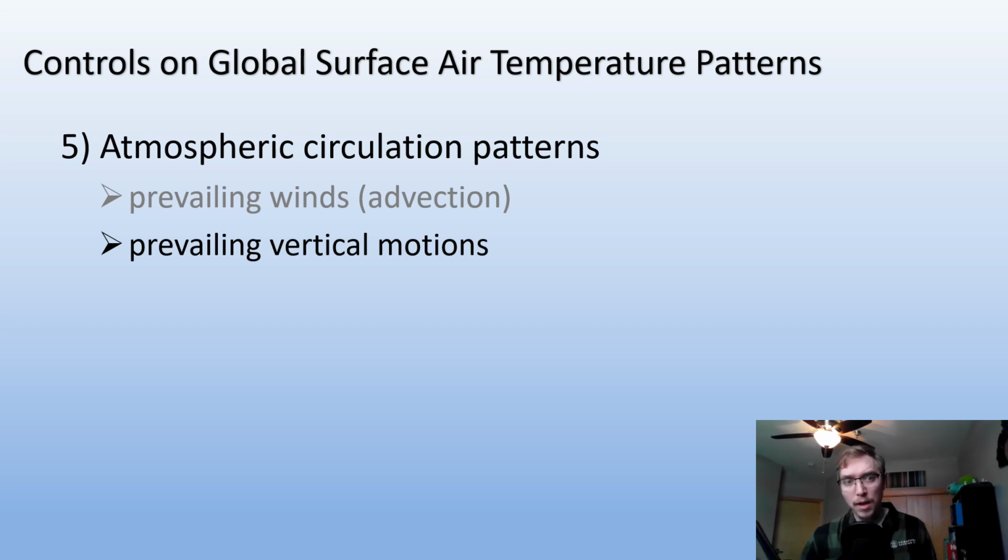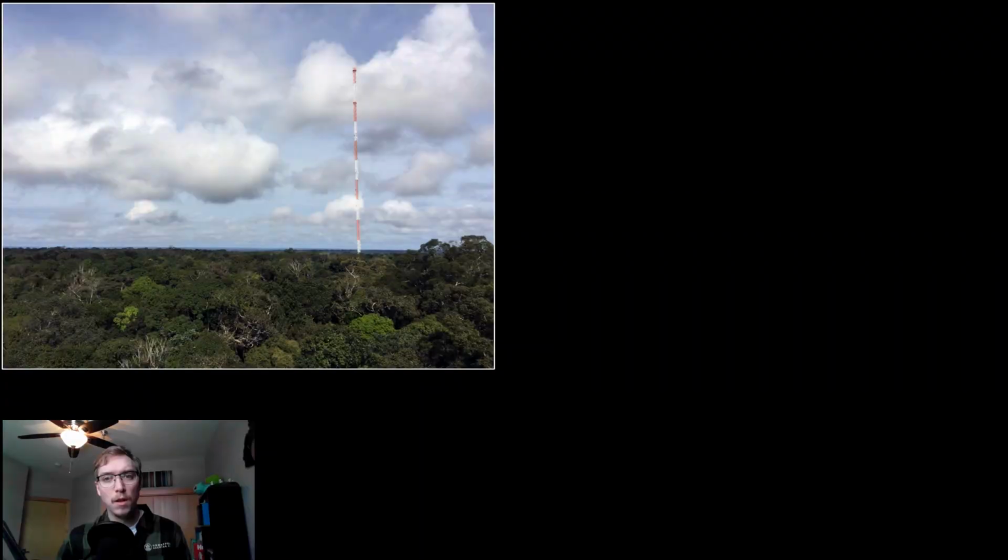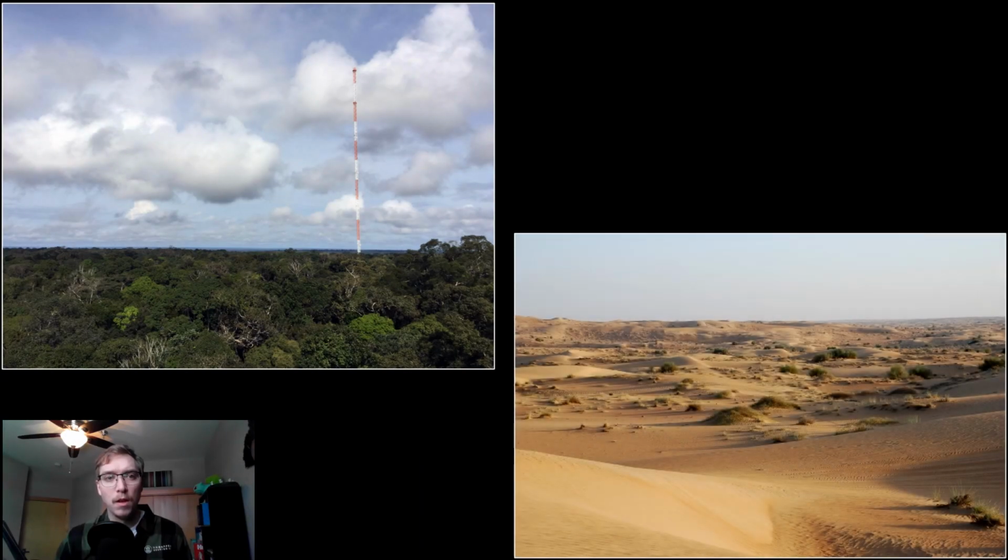Prevailing vertical motion can have a big control on air temperature patterns. Whether you are in an area where there is predominantly rising air or predominantly falling air.